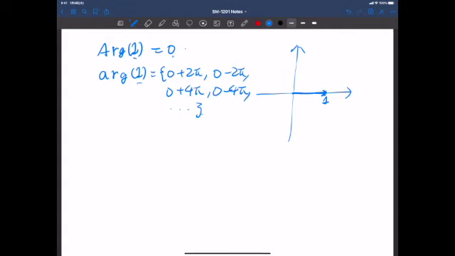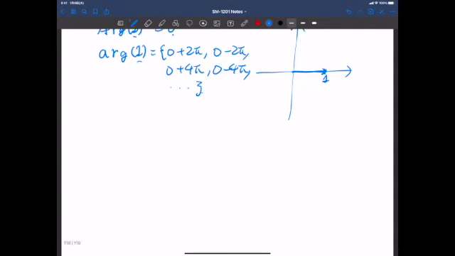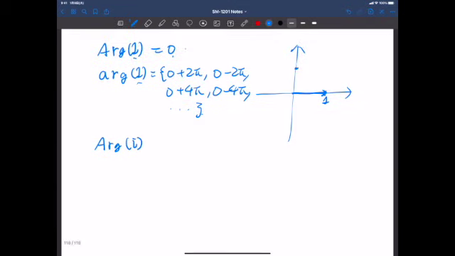That's the argument of 1. It's a set. And similarly, the principal argument of i, which is here. i is here. So the angle is pi half.